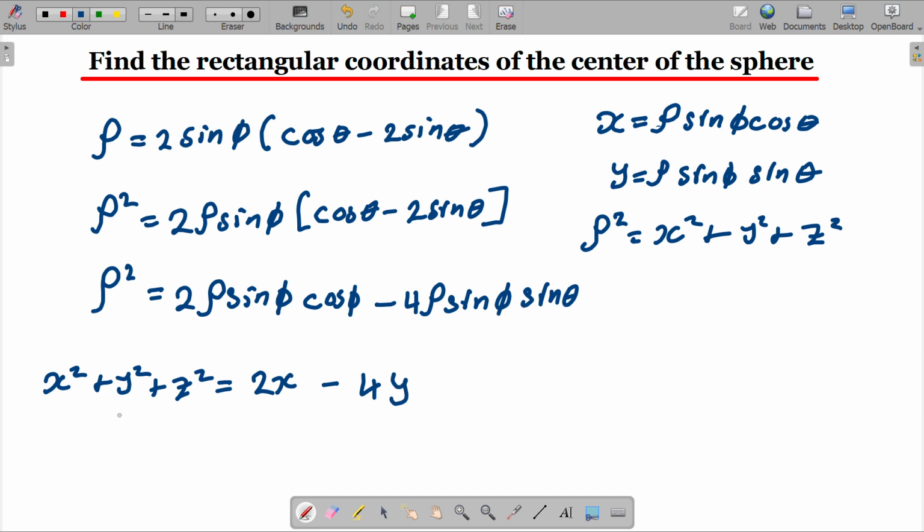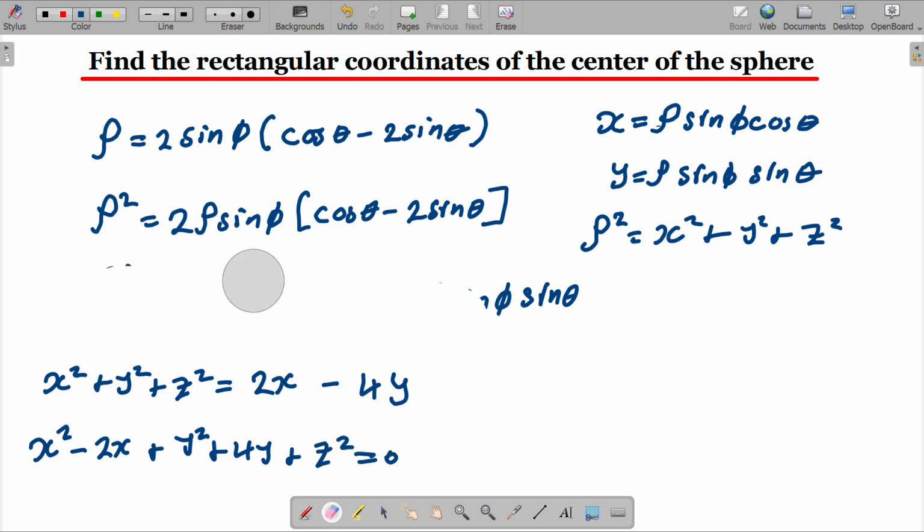So you can shift everything to the other side: x squared minus 2x, collecting like terms, plus y squared plus 4y plus z squared equals 0.